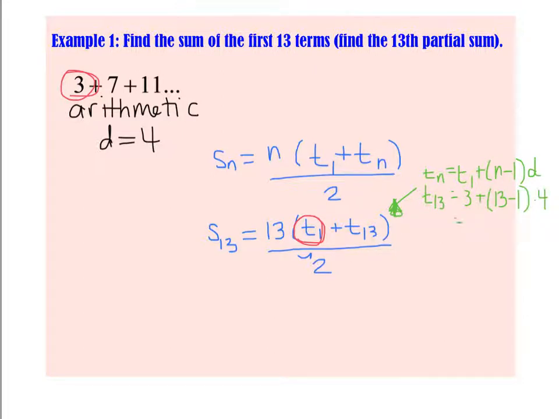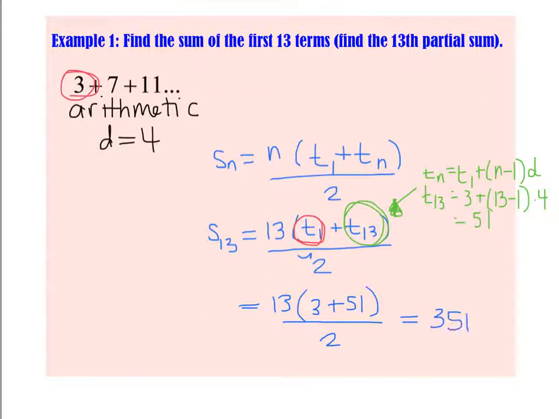That is going to be equal to 51, and that's what I'm going to put right here. So putting that all together, we have 13 times 3 plus 51 all over 2. So the 13th partial sum, or if we added up all the first 13 terms, is 351.